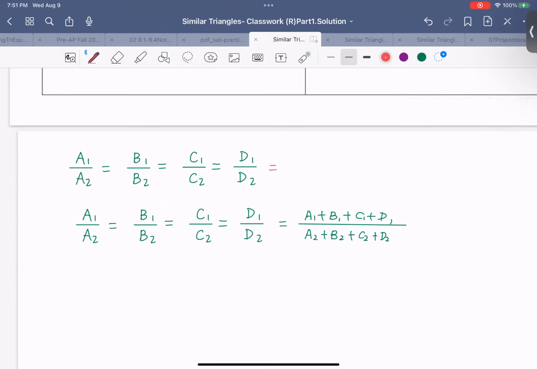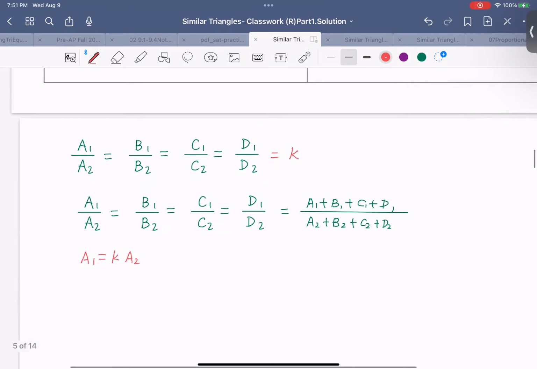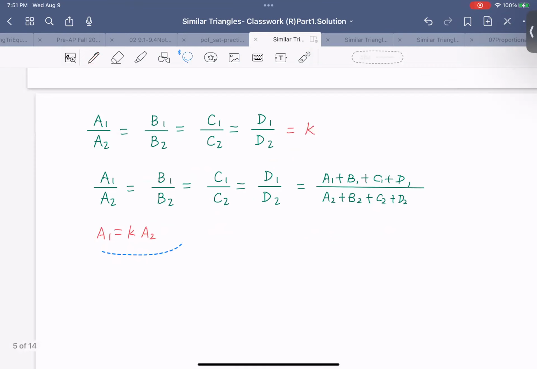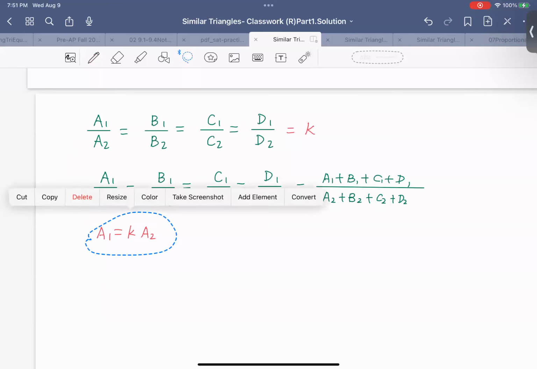Okay? We can say this equals a constant ratio, right? So tell me, A1 is k times A2, correct? And then same thing.